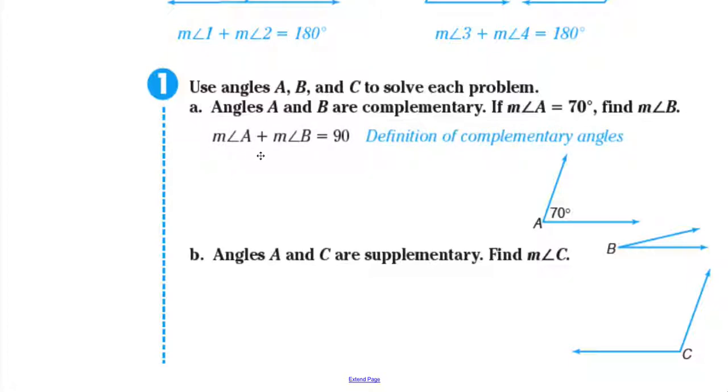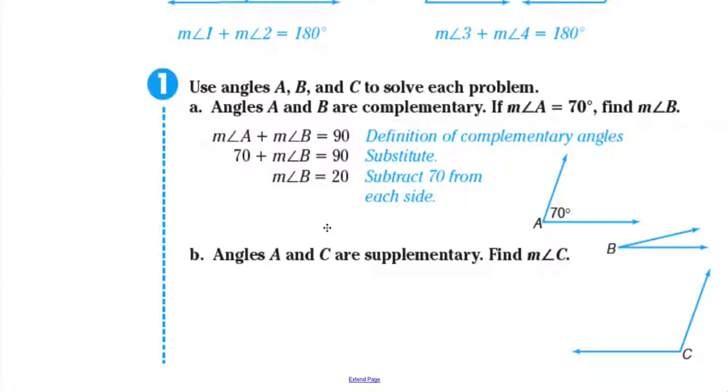The measure of angle A plus the measure of angle B is equal to 90 degrees, the definition of complementary angles. We substitute the measure of angle A to be 70 degrees plus the measure of angle B equals 90 degrees, and to isolate the measure of angle B, we subtract 70 from both sides, so we end up with 20 degrees. So the measure of angle B is 20 degrees.